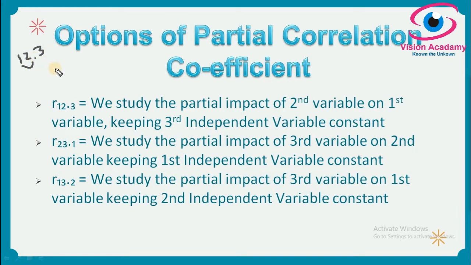Then we have R12.3. This is the first option. What does it mean? We study the partial impact of the second variable on the first variable, keeping the third independent variable constant. Here the third independent variable is not going to work anymore. So we have one option called R12.3.